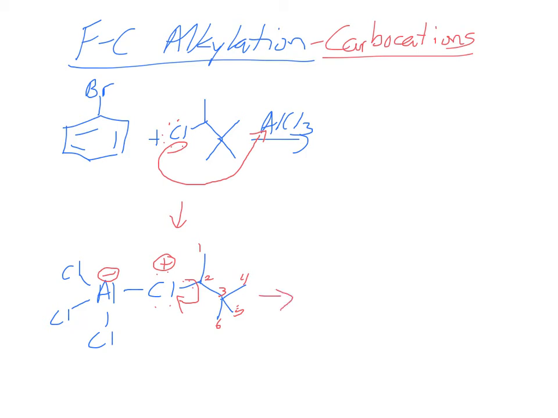So now where will the plus charge be? At carbon 2. And where will the minus charge be? Nope. Still with aluminum, not yet. The electron density is with the chlorines, but the actual charge we have to draw on the aluminum.